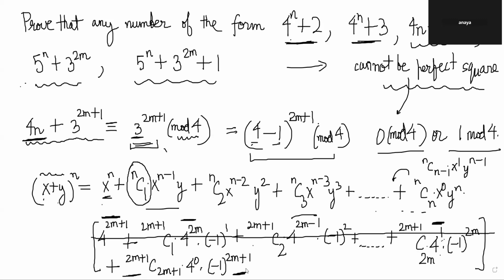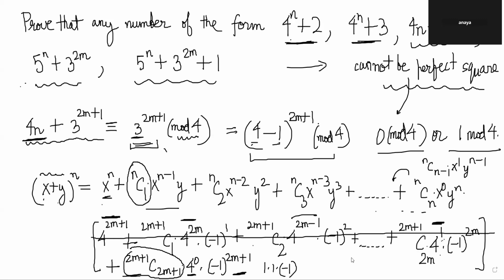And the last term, (2m+1)C(2m+1), anytime you have nCn, its value is 1. So this value is simply 1. And 4 power 0 is 1, and (minus 1) to an odd power is minus 1, right? So this last number is 1 into 1 into minus 1, right?